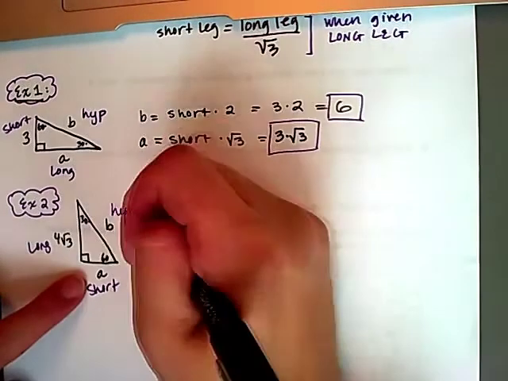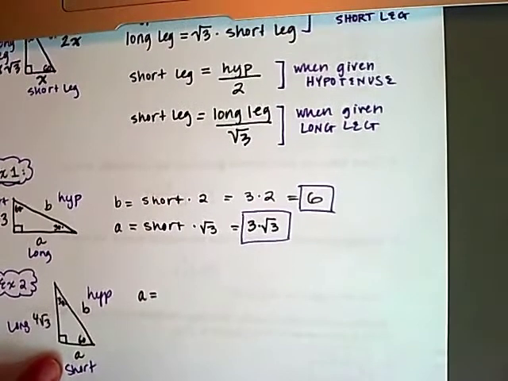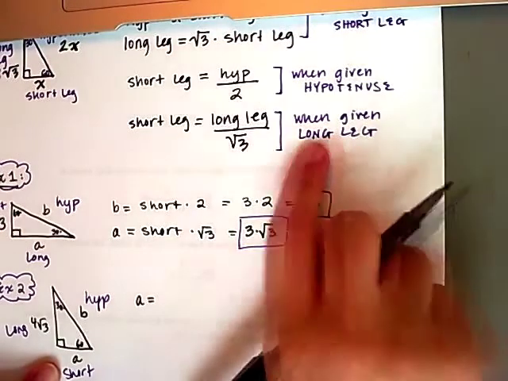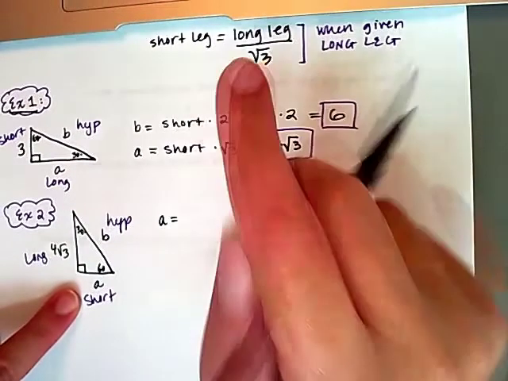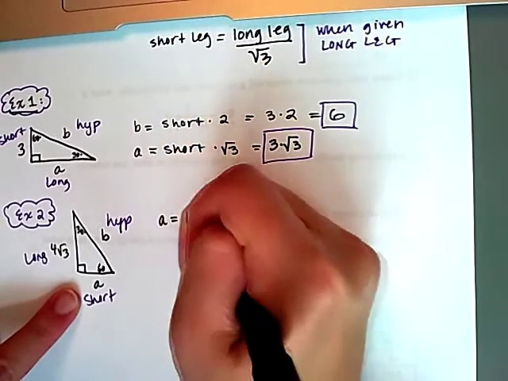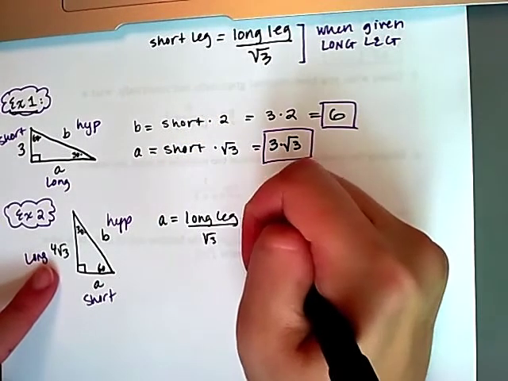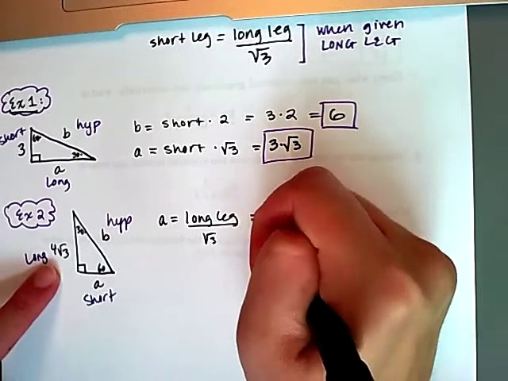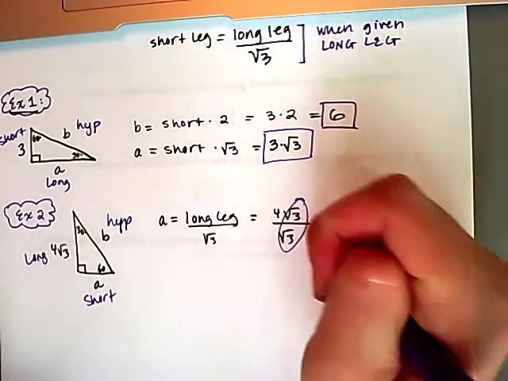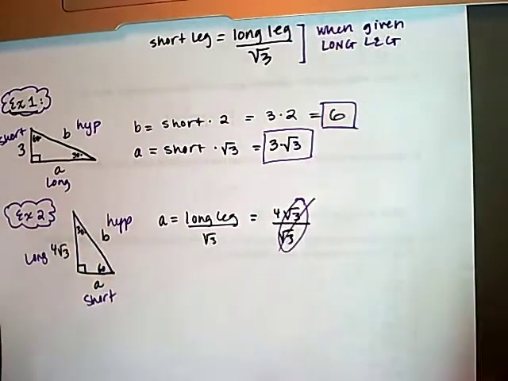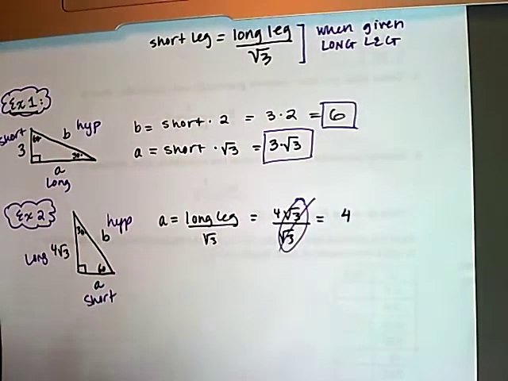To find A, my short leg, I can go back up here and see that if I'm given the long leg, to get my short leg, I divide it by root 3. So long leg divided by root 3. In this case, that's 4 root 3 divided by root 3. The root 3's will cancel, and I'm left with just 4 for my short leg.